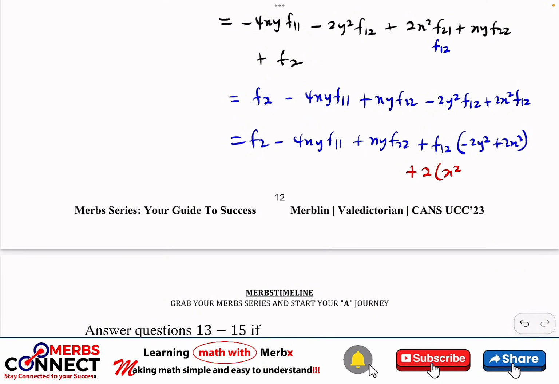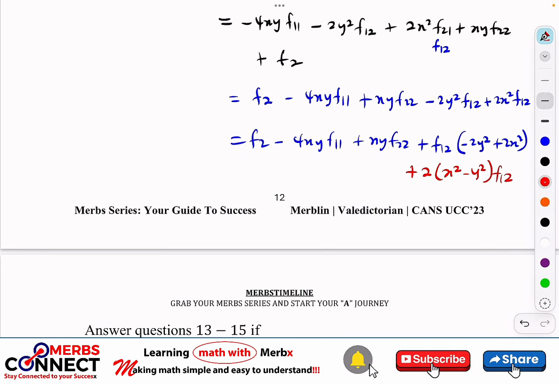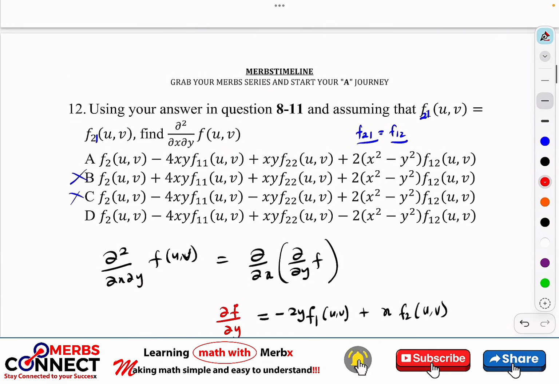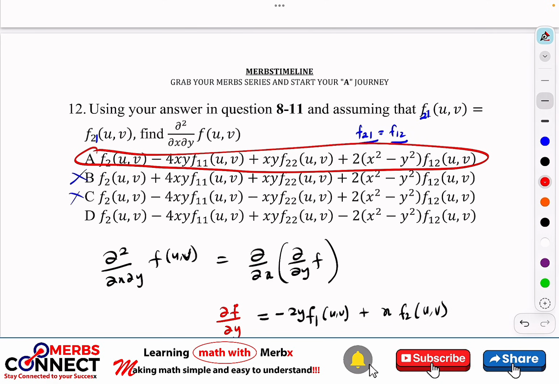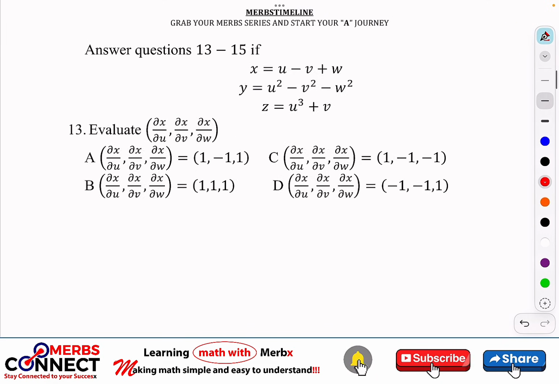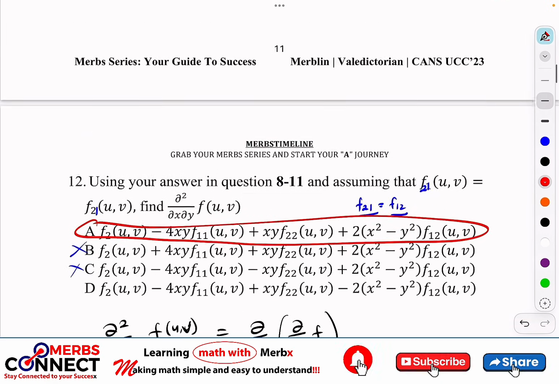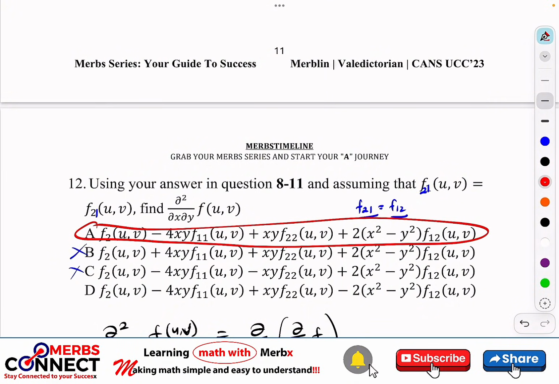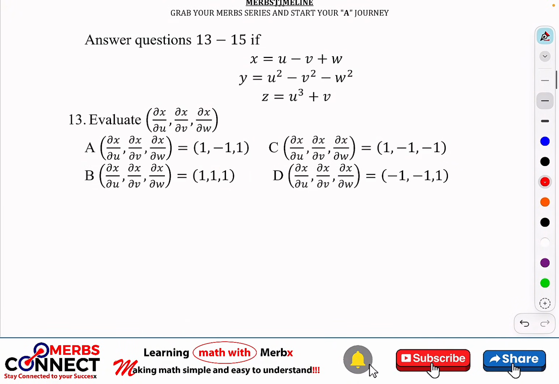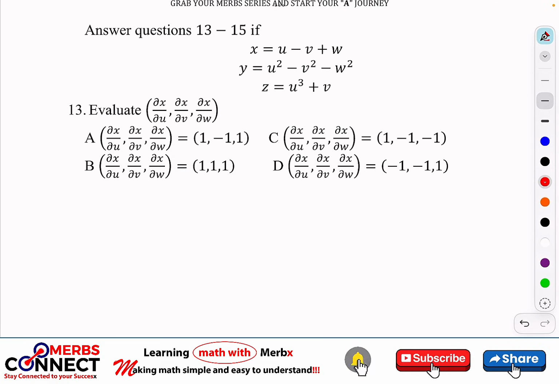And here will be left with minus y squared. And then I have f12. So it's the one which is positive. So it's going to be A, right? Great. Nice. So objectives sometimes. So you see, we use just one question. We did from question 8 to 11, just one question, just one preamble. So think about it. You get right.